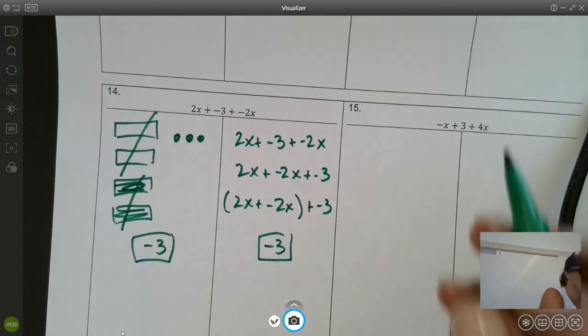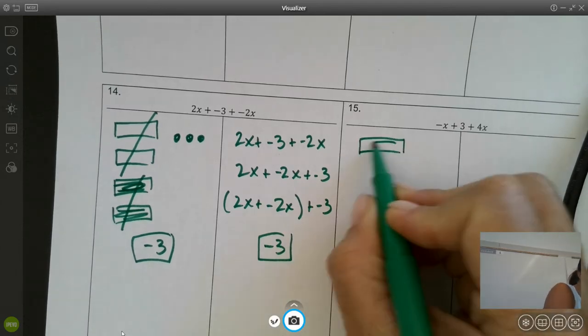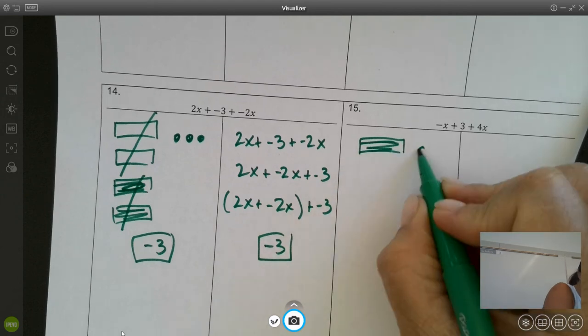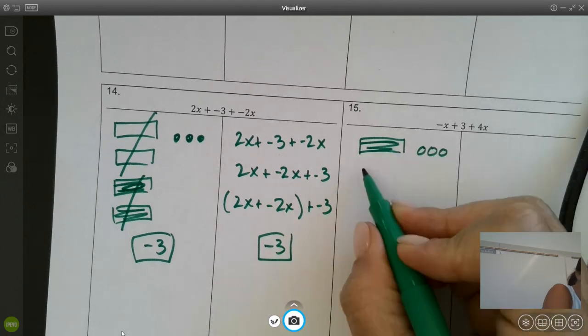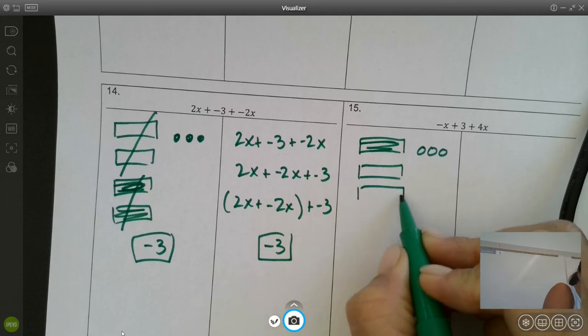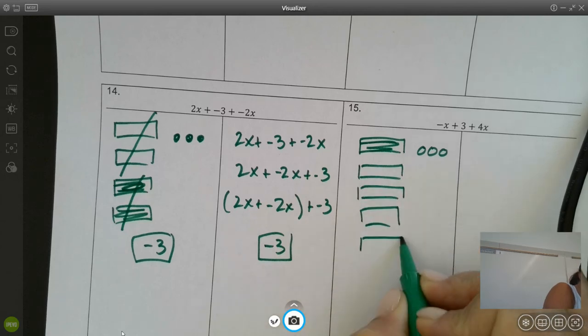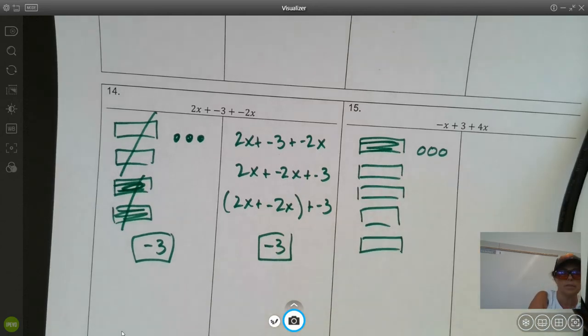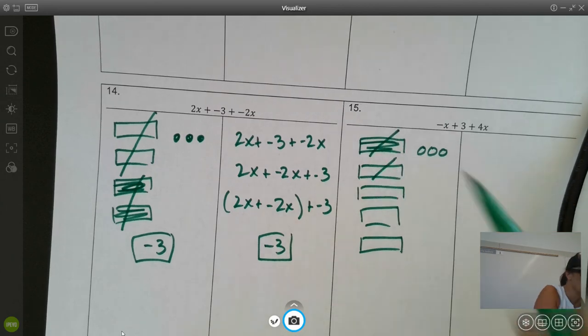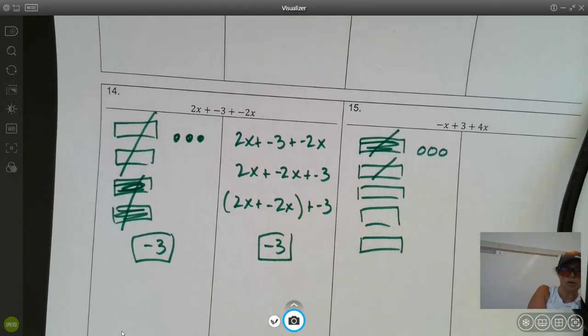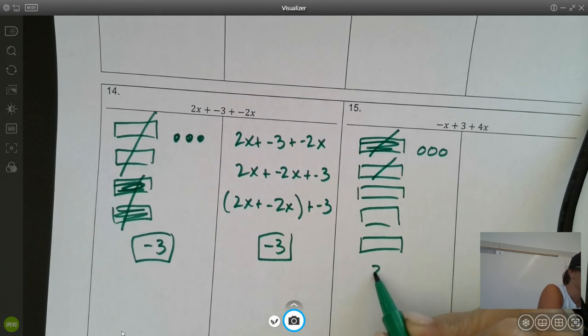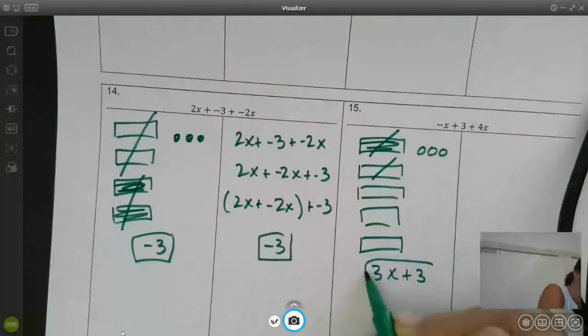Okay, last one. I got a negative x. I've got 3 units. And I've got 4 x tiles. This one and this one go away. They're 0 pairs. And I've got 3 x's and 3 units left over.